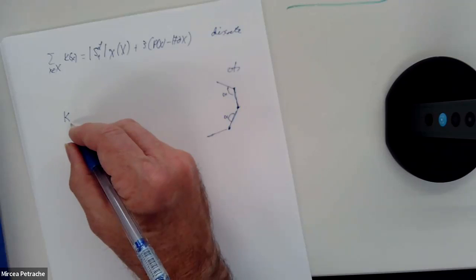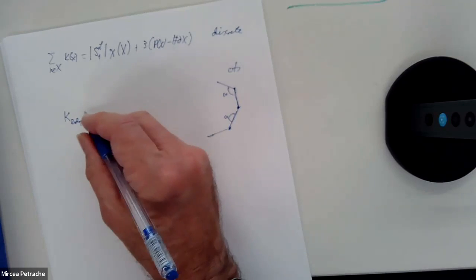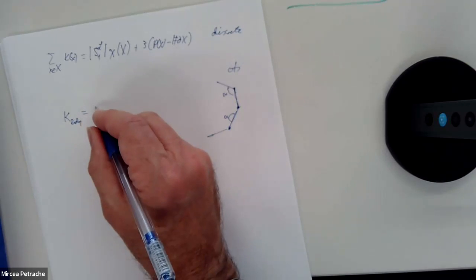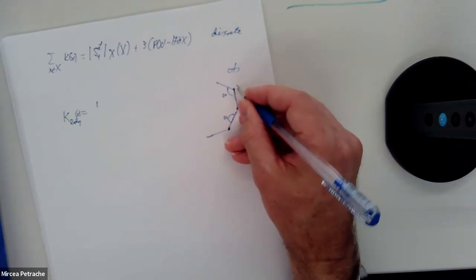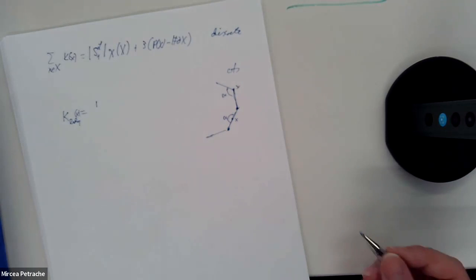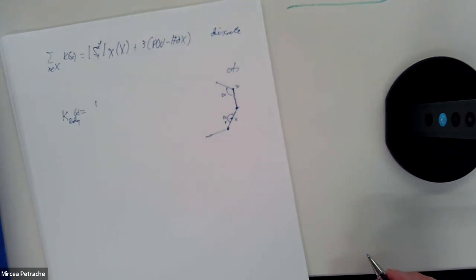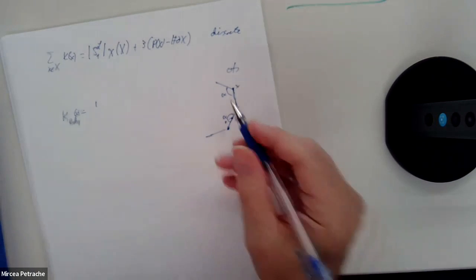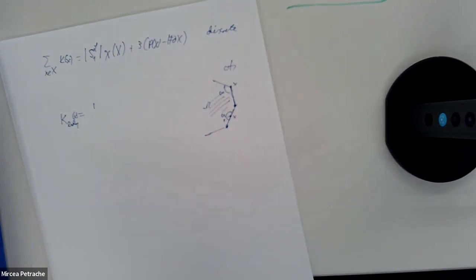So K of the boundary is basically: for a boundary point x, you take a small sphere of radius r, and then you compare the length of the sphere intersected with the domain omega.